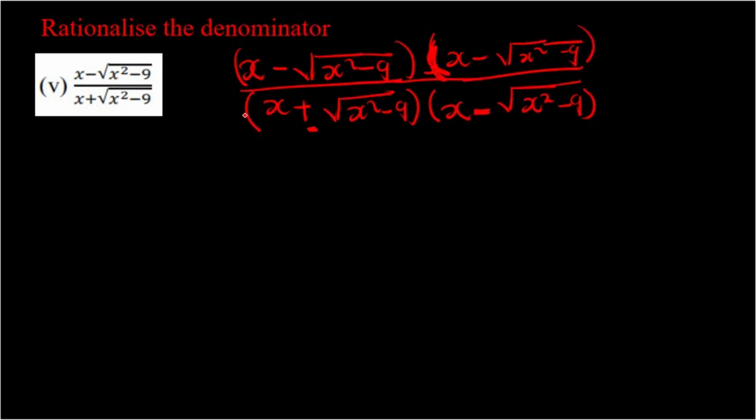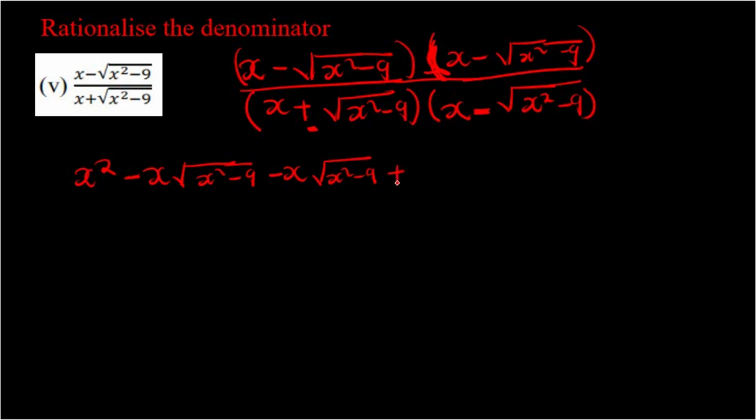like that, right? So you say x times x, it is x squared. X times that will give us negative x root of x squared minus 9, like that, right? This times that will be negative x root of x squared minus 9.